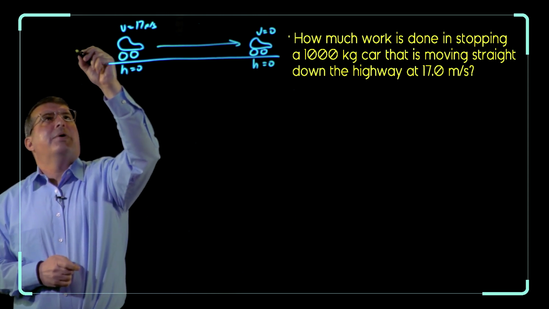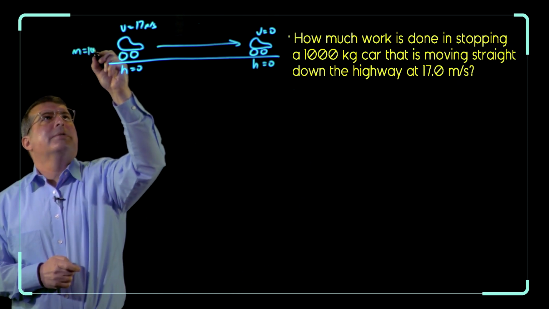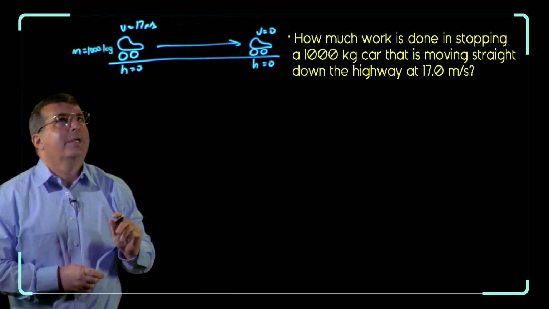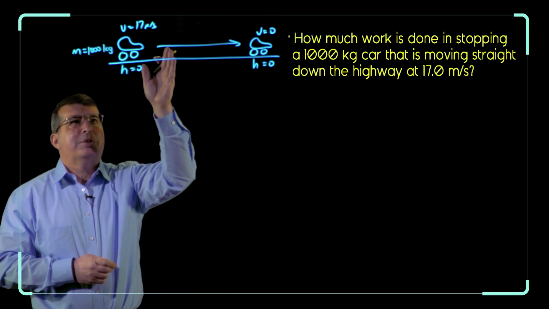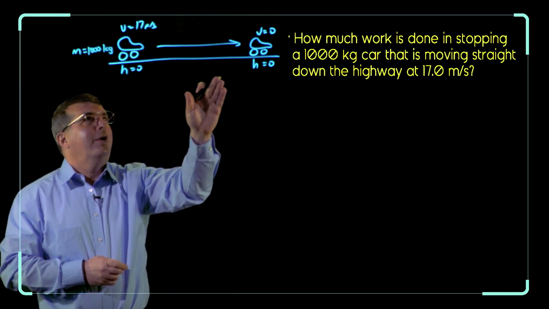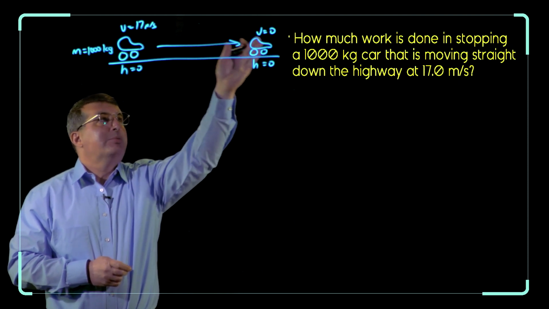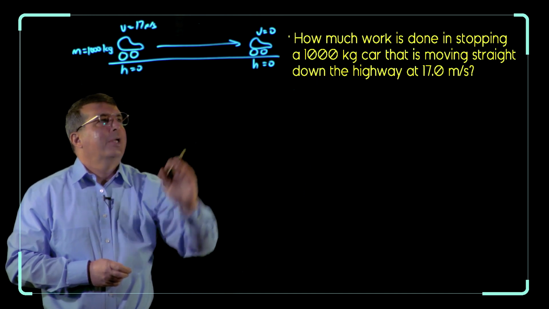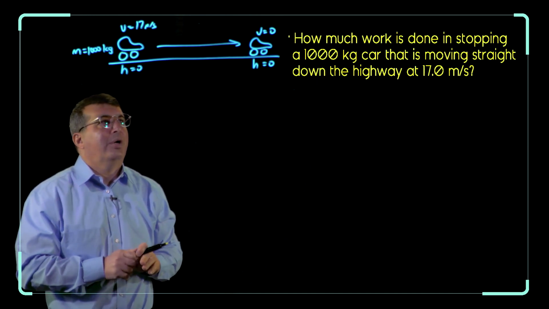And the mass of the car is 1,000 kilograms. So we have a 1,000 kilogram car moving at 17 meters per second, moving straight down the highway. It comes to a stop, so 17 meters per second to 0, and its height is 0 to begin with and 0 to end with. So that's a kind of a picture of what's going on.